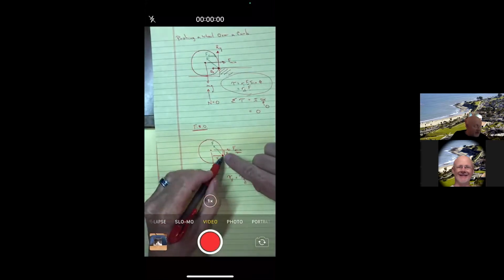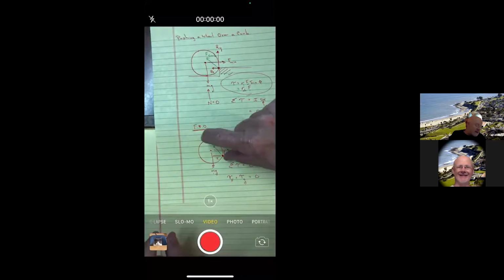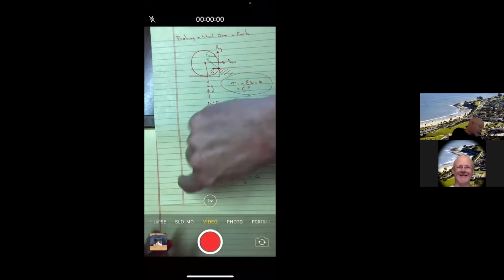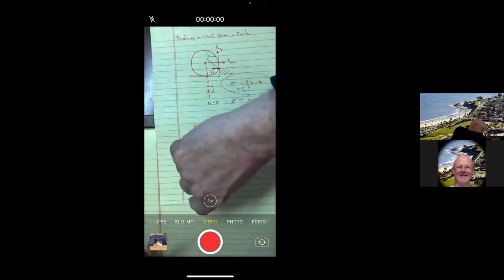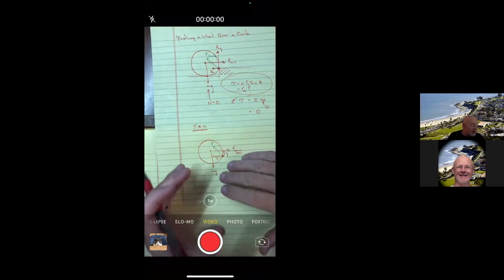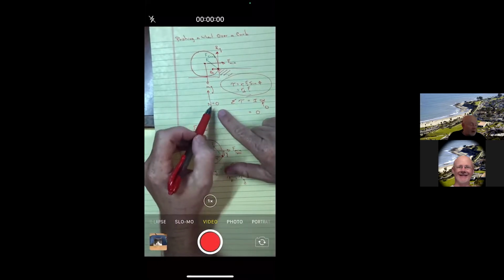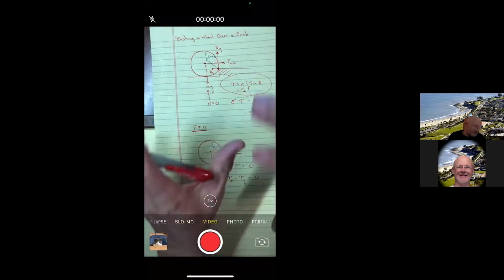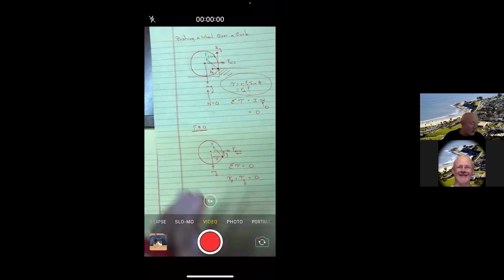Positive because if you think about this as the pivot and gravity is pulling it down, that would make this wheel rotate in a counterclockwise direction. Now, of course, in reality, it can't actually move counterclockwise because then it would hit the ground and there would be a normal force. So I understand that it doesn't really move that way.